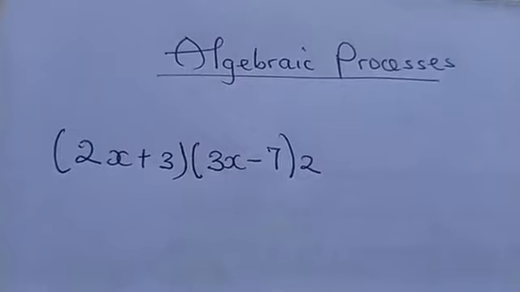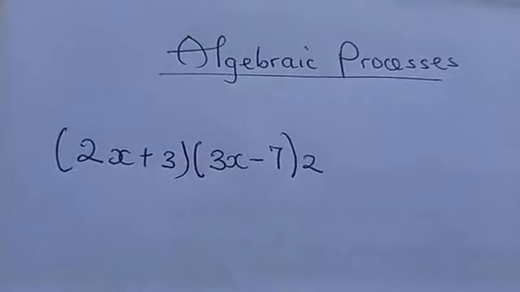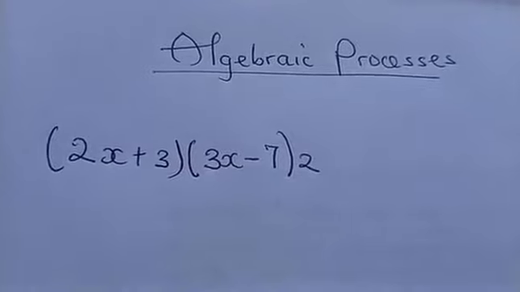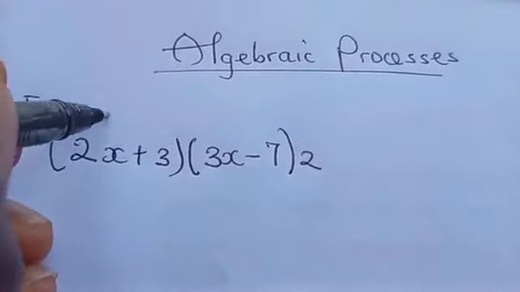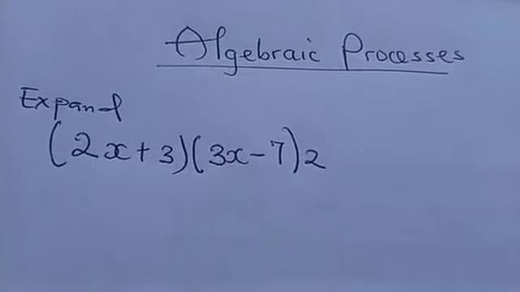So the instruction here is to expand (2x + 3)(3x - 7) multiplied by 2. So we are expanding this algebraic expression here.